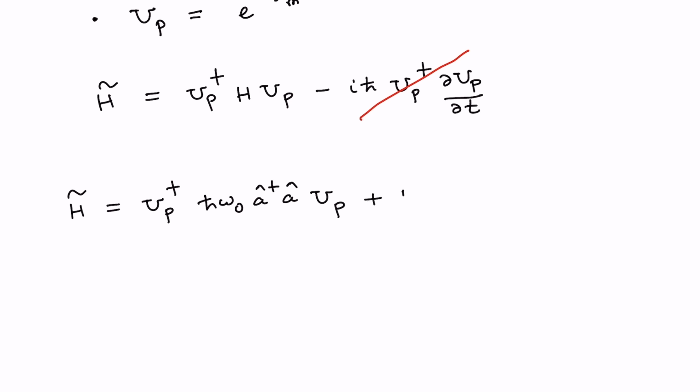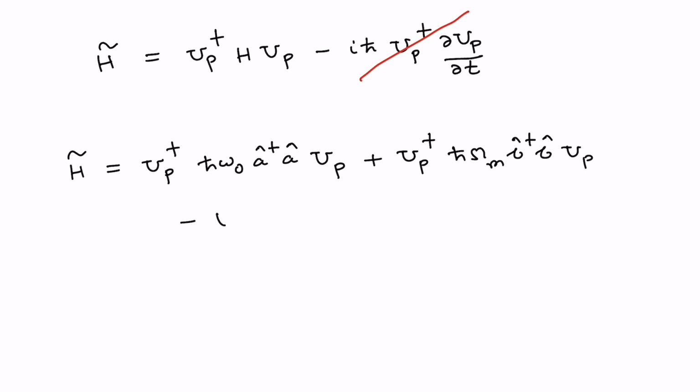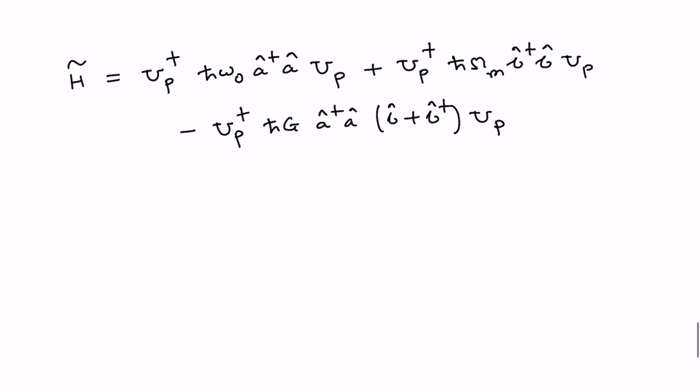Then the second term would be U_P† ħΩ_m b†b U_P, and the third term would be minus U_P† ħZ a†a (b + b†) U_P. Okay, let us do the calculation term by term. So first let me make this calculation: U_P† a†a U_P.